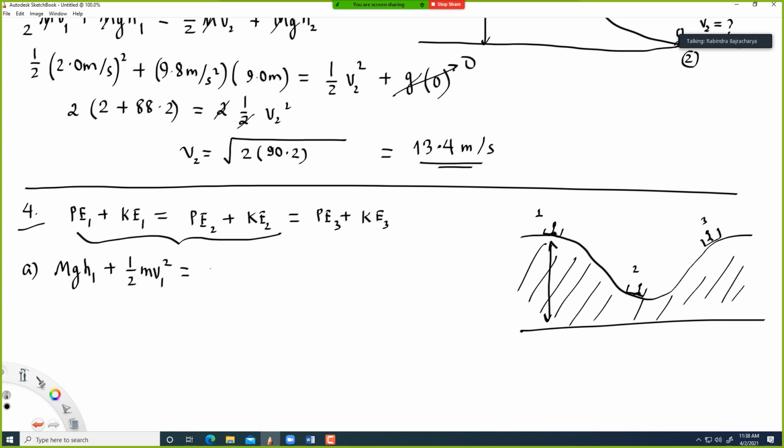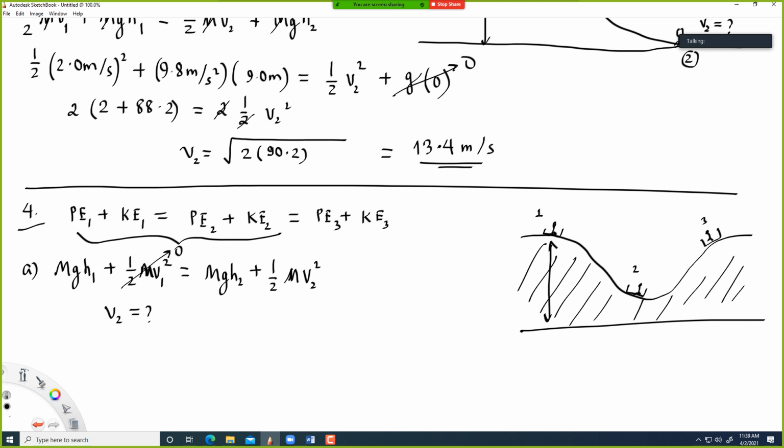Potential energy at 2 is m g h2. Kinetic energy at 2 is 1/2 M v2 squared. So we want to find v2. And it says that at 1, the roller coaster starts at rest. So that means v1 is 0.